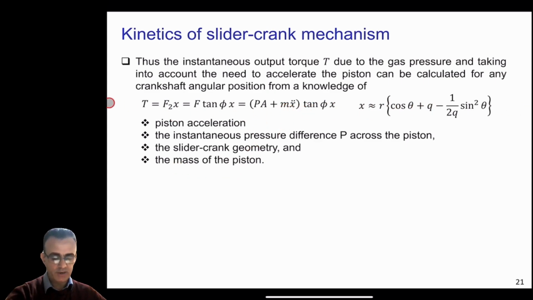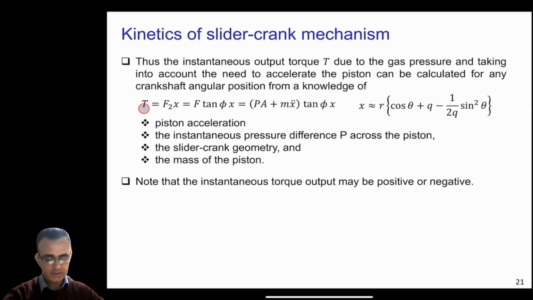So if you know these parameters, you can calculate the output torque. And note that the instantaneous torque output may be positive or negative, depending on the pressure inside the cylinder, and also depending on the other parameters.